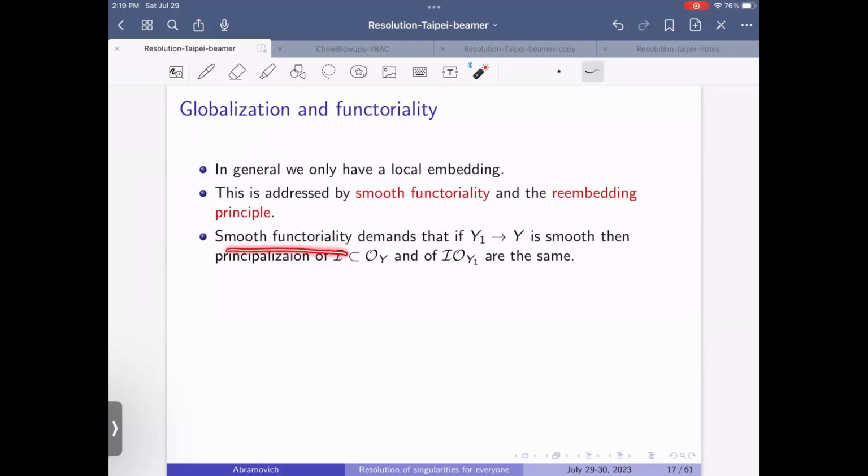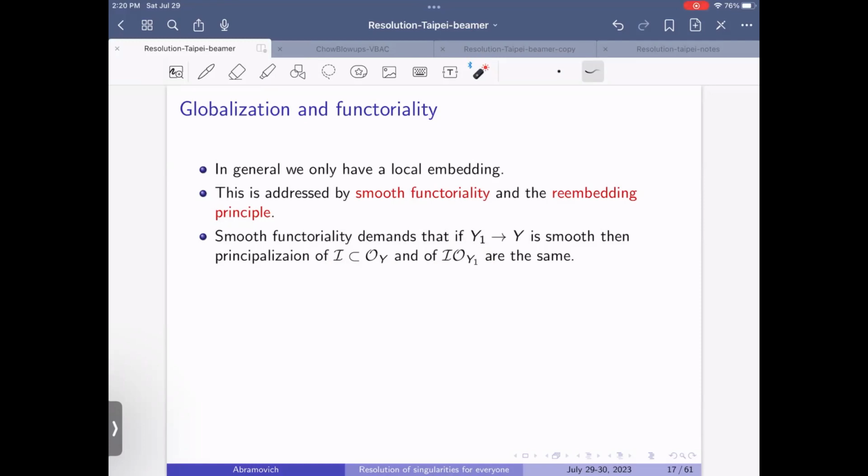So smooth factoriality demands that if I have a smooth morphism from one variety to another, then the principalization of an ideal here, when you pull it back, gives you the principalization of the ideal here. So principalization of an ideal on Y is the same process as principalization of the ideal on Y prime.